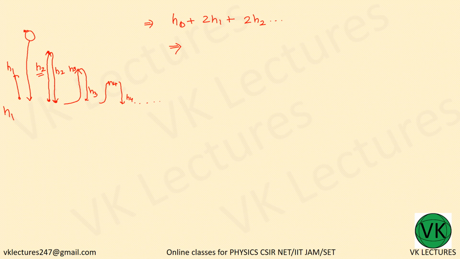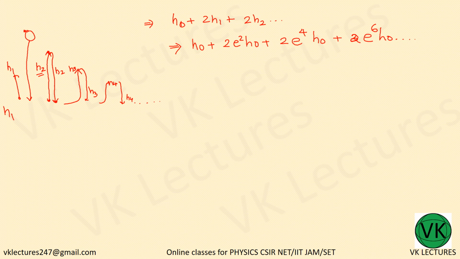That goes on. Now in terms of e, we will write it as h naught plus 2 times e square h naught plus 2 times e to the power 4 h naught plus again 2 times e to the power 6 h naught, and it goes on, right?